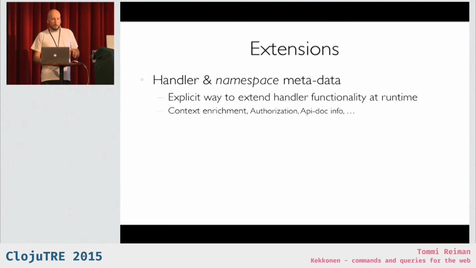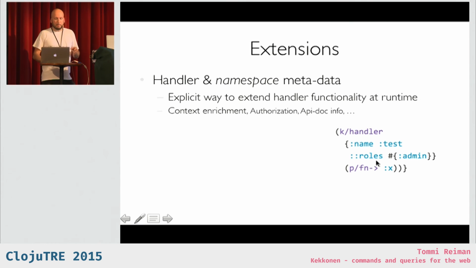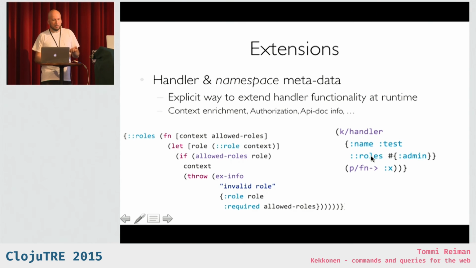So everything is data. We can declare how it works. Another thing we can extend is the handlers. If we want to make a rule that this handler is only for the admin users, we can use this extra metadata, and we have to register a handler for that. There are no multi-methods. There's no magic that if you import some namespace, something happens. You have to give these when you are building the API.